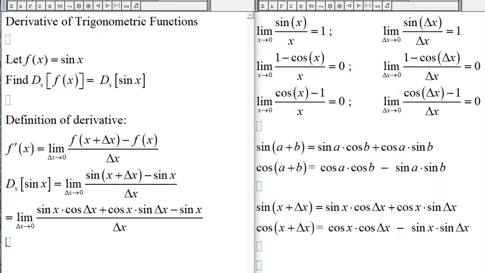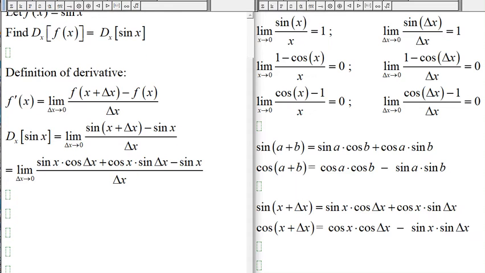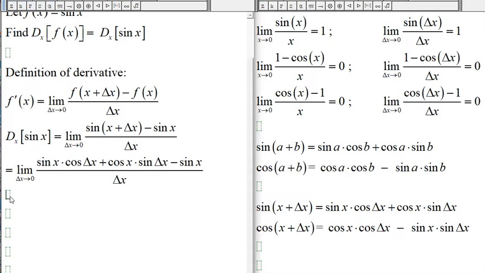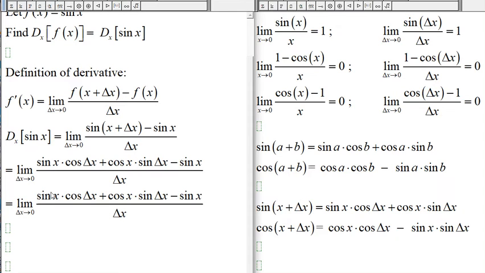And then what we're going to do next is just move some terms around. We'll put this in the front, and then move this to the middle, so that we'll have sine and sine right here.